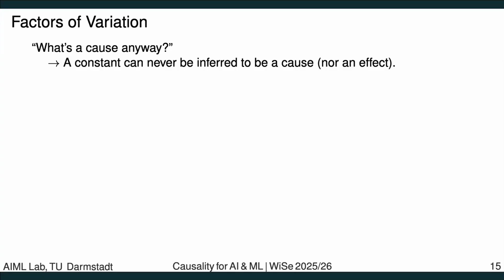So things that don't change, at least in our data set or in our observations, we cannot reason about, because we don't have enough variability in the data to infer what would happen if a change would be made. And equally, we cannot infer constants to be causal effects, because if everything changes but our one variable stays constant, we might usually infer that it's not connected or not the effect of any of those other variables.